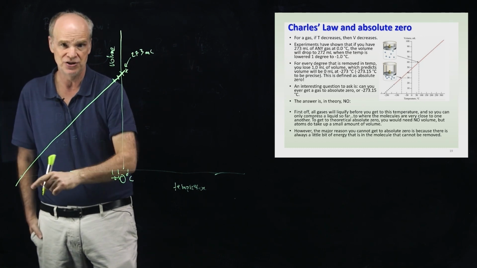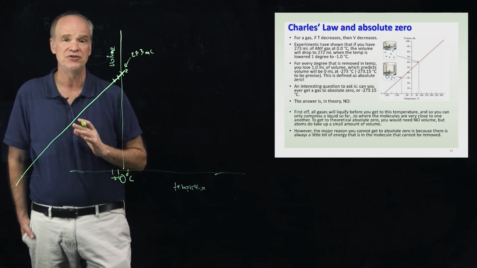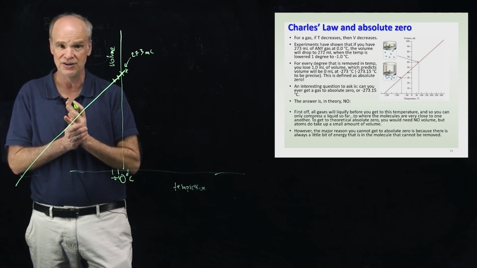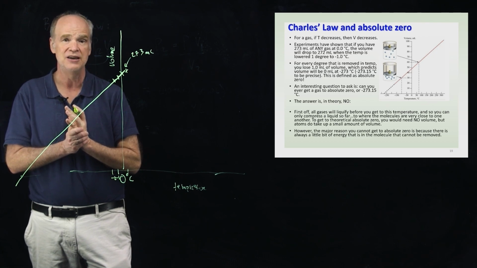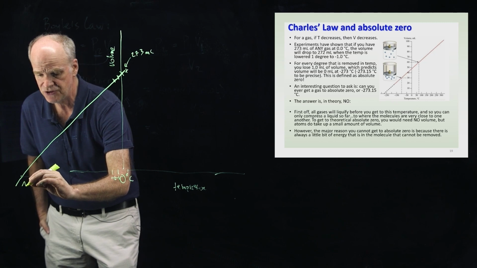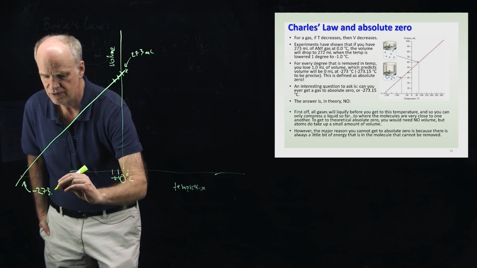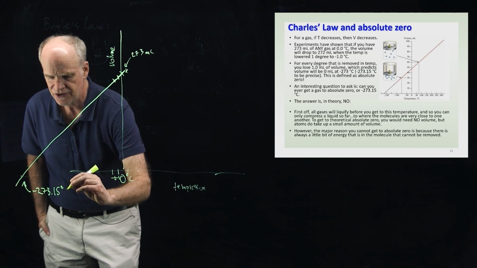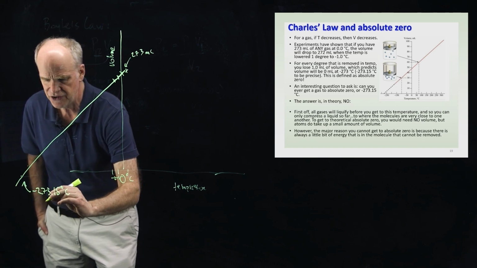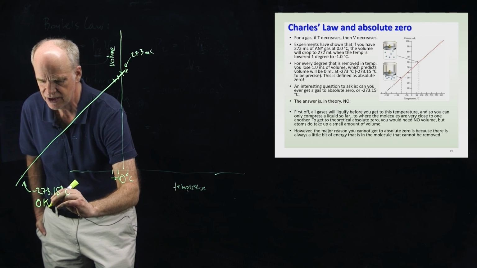That temperature you need to bring the gas to get it theoretically to have absolutely no volume is called absolute zero. And so in Celsius, that temperature is going to be -273.15 degrees Celsius. And so this is also defined as absolute zero, which is 0 degrees Kelvin.